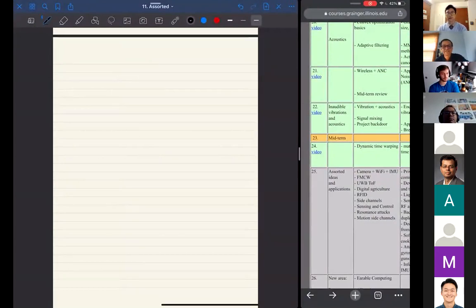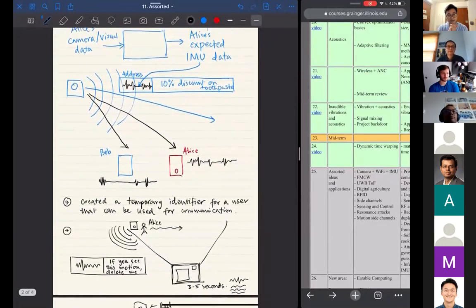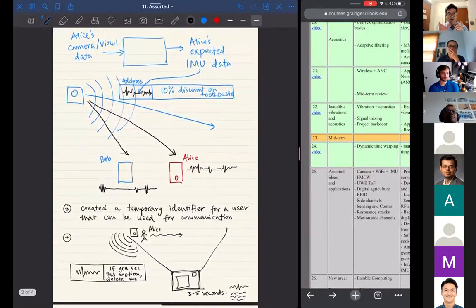Sure. I was just wondering if you could briefly talk about, quickly, just how exactly that comparison happens between the IMU message that's sent and Alice's IMU data. Right. Yeah.